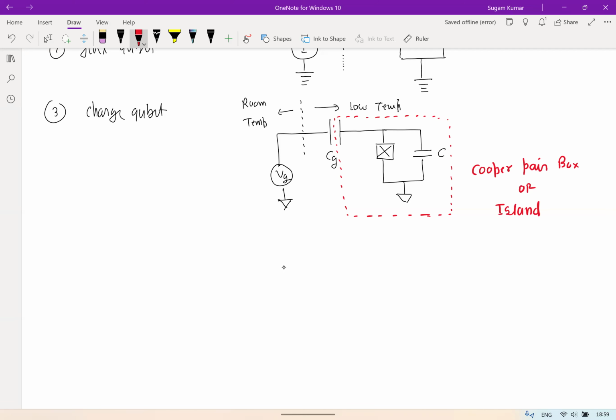We will talk about it. So before we discuss the charge qubit, I'm going to discuss in detail one type of qubit that is called the charge qubit.